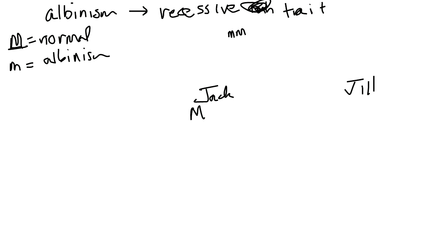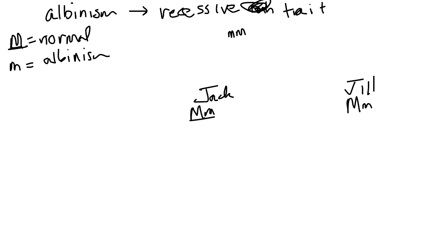So we know that Jack inherited one little m. Jack is not albino, which works because if he got one normal one, he would appear normal. Jill has the same genotype, because she had one parent who was albino, which means she had to inherit one little m from that parent.